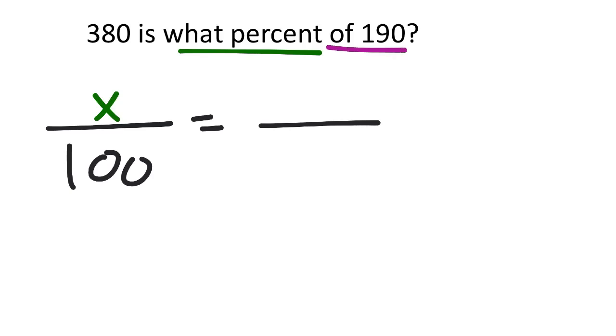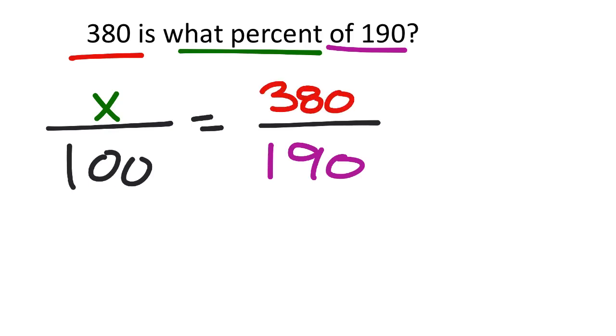And right here it says it's of 190. Now remember, the of is the whole, which is the denominator in the second fraction. So this is 190 here, which means that 380 is associated with the word is. So that is my numerator. So I got 380 over 190, and this equals x over 100.